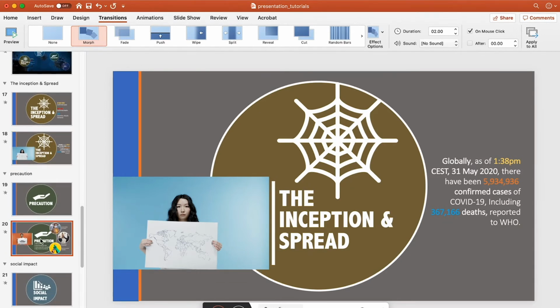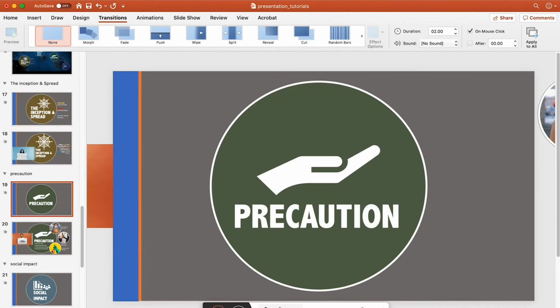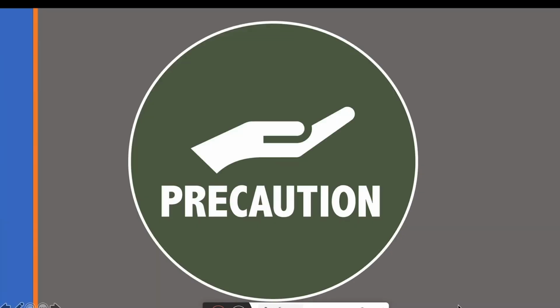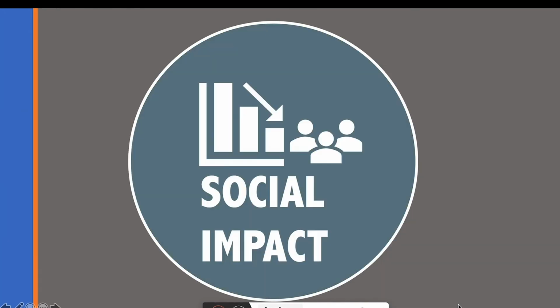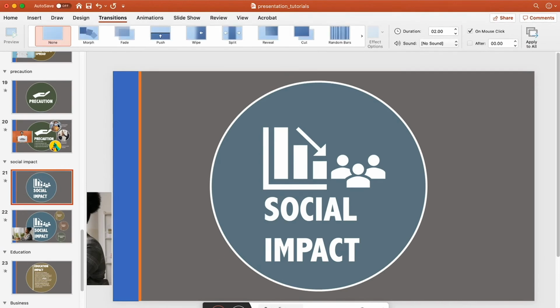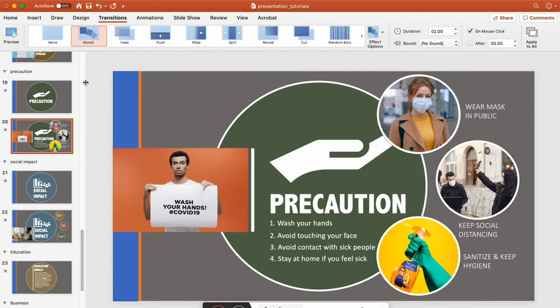Also, if you see in slide 20, I have kept a morph, but over here what happens when I move from 19 to 20? The elements of this particular slide animate, right? So here it is. From first to second it animates.